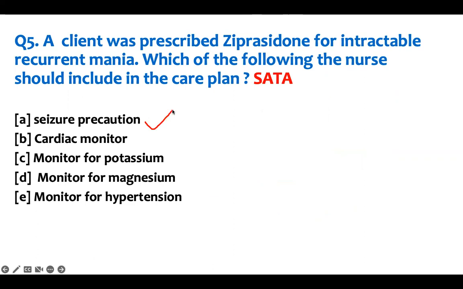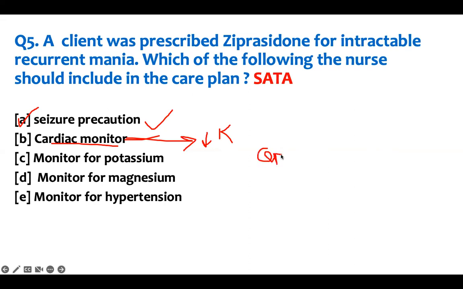You have to have a seizure precaution. They lower your seizure threshold. Therefore, this patient has to be on seizure protocol. So the nurse should include this. Cardiac monitor. Well, you say what? Why does that need to be on cardiac monitor? There's two things. You lower your potassium, so it causes hypokalemia. So one, you got to be on cardiac monitor. And two, guess what?